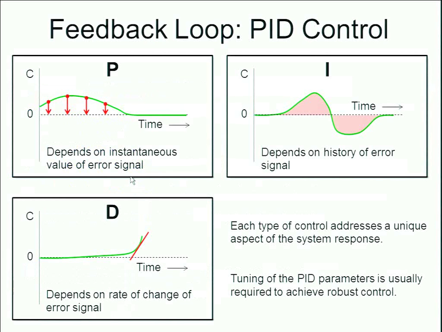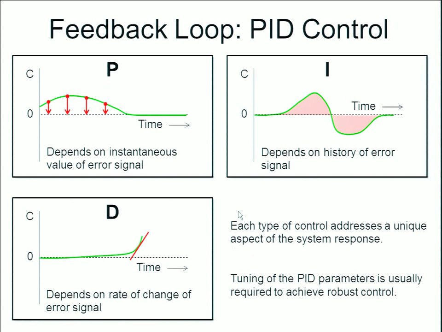As an example, proportional depends on the instantaneous value of the error signal. So if it's high, it's going to be sending information to bring it back down. Integral will take a look at recent history and try to figure out which direction it needs to return back to. And then derivative will depend on the rate of change of the error signal and help adjust it accordingly. Each type of control addresses a unique aspect of the system, and tuning is usually required to achieve robust control.